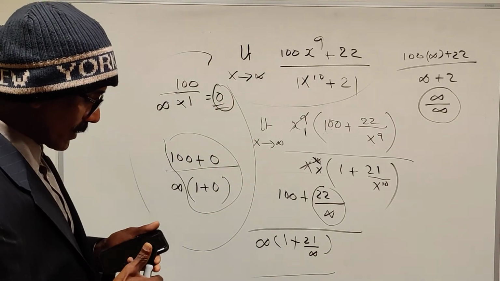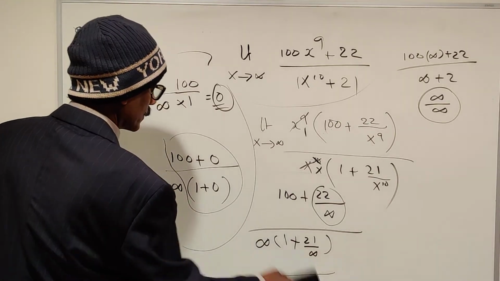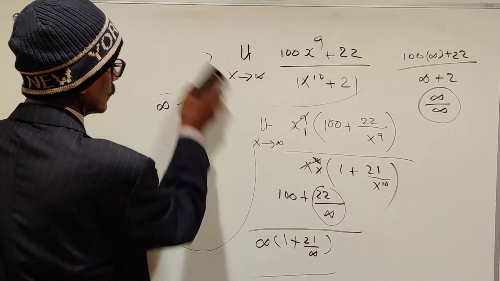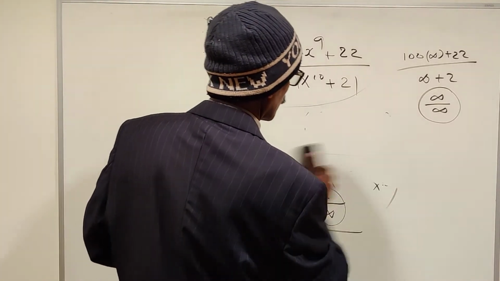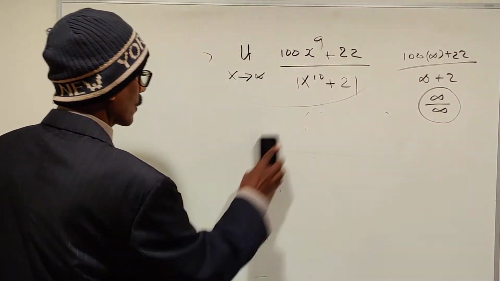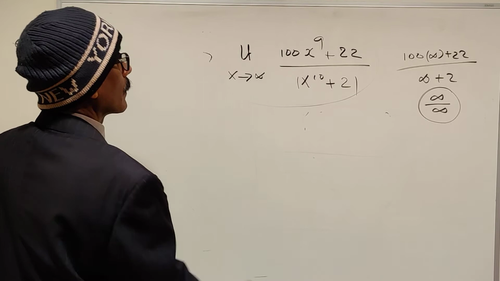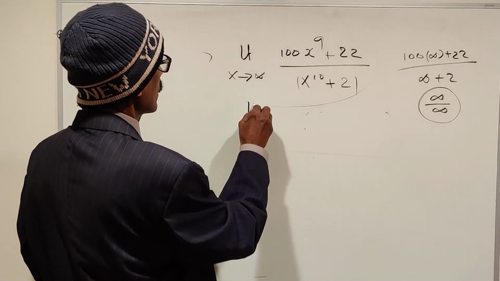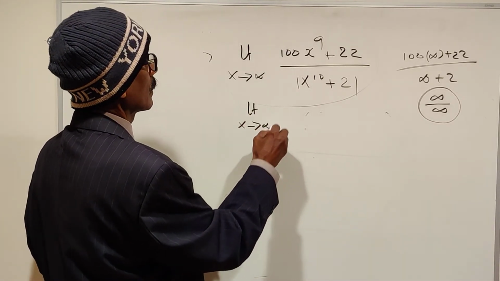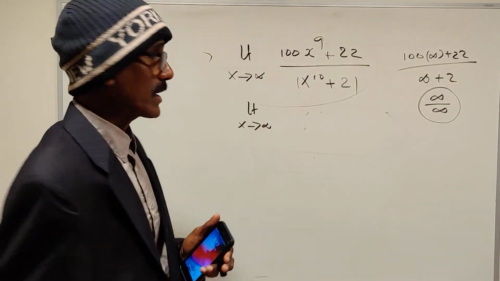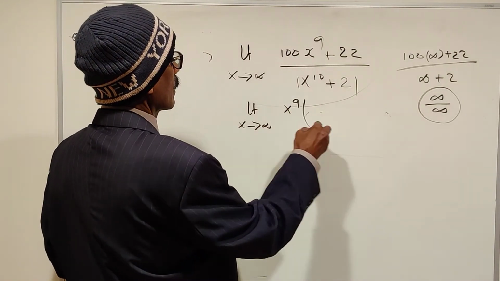See, one more time I am going to show you this problem, okay? See, here limit x tends to infinity. What is the common factor? x to the power 9.